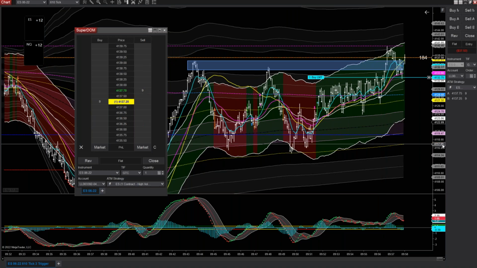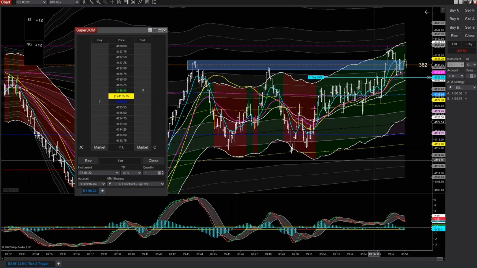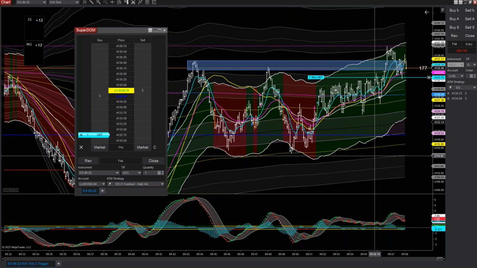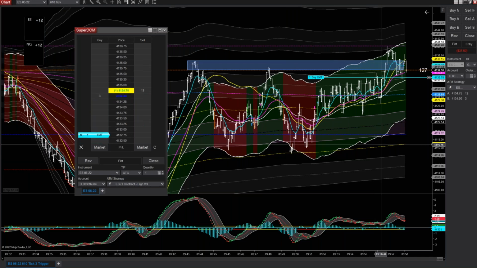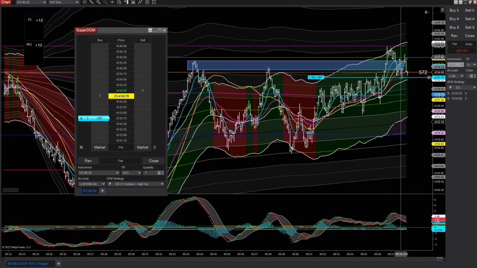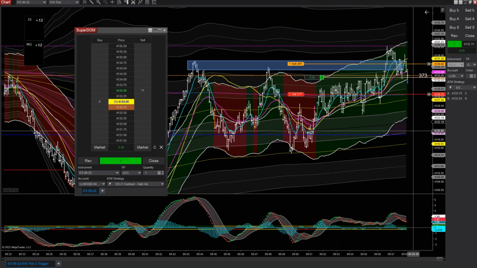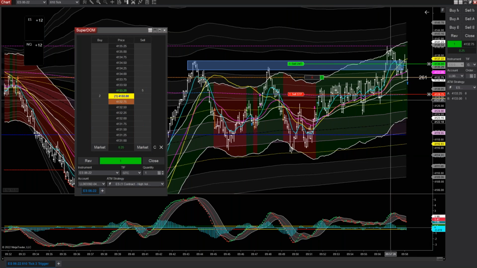Let's see if it's going to pull back down to that level again. Again, we have a lower high here, but I'm confident in my target may be outside up here, so we'll see. Order filled. There's my entry. Let's see what happens here. It's going to continue going up.